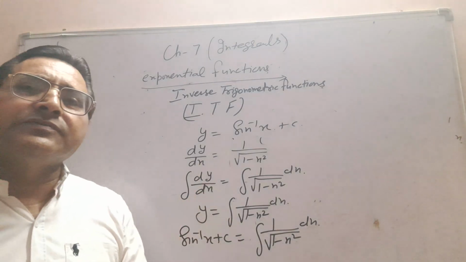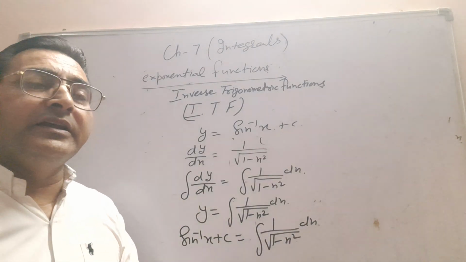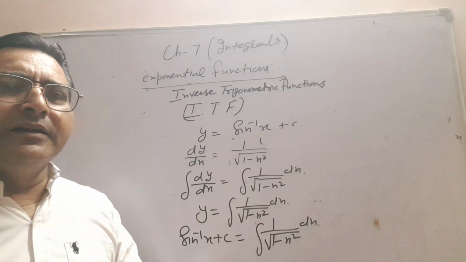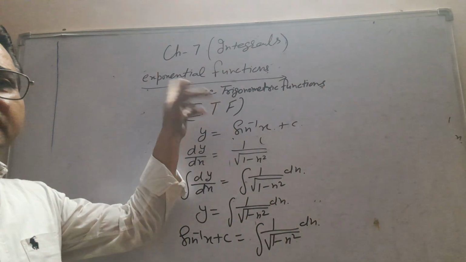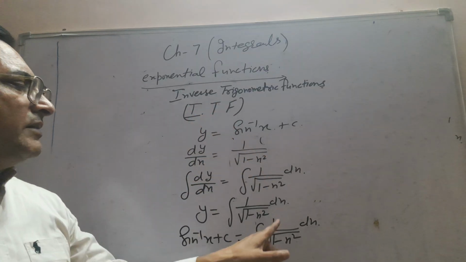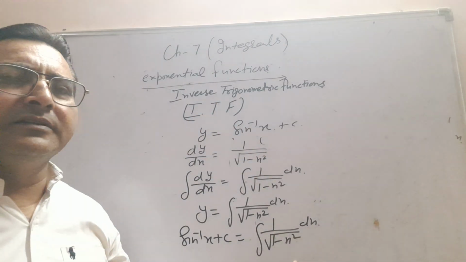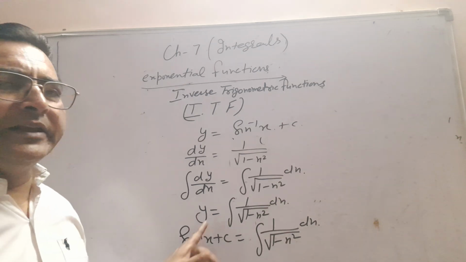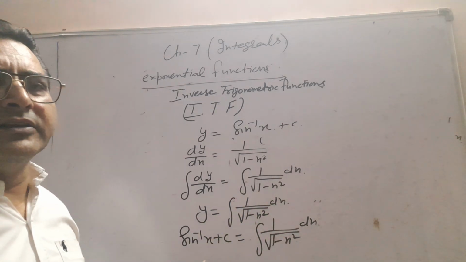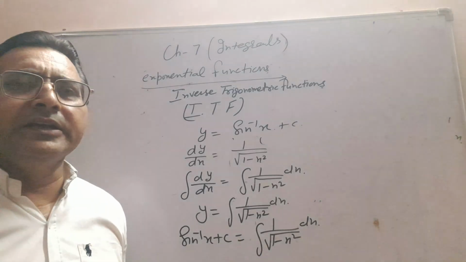Actually the integration of an inverse function is not possible. But here from the inverse function we can get the result: the integral of 1 by root 1 minus x square is equal to sin inverse x plus c. The integration of this function is sin inverse x plus c.